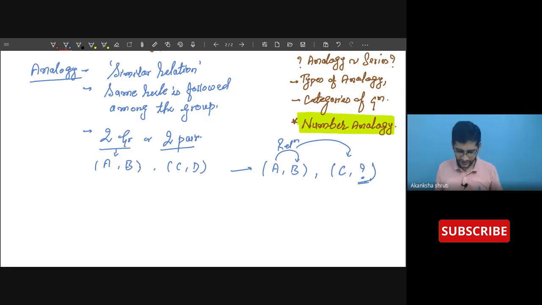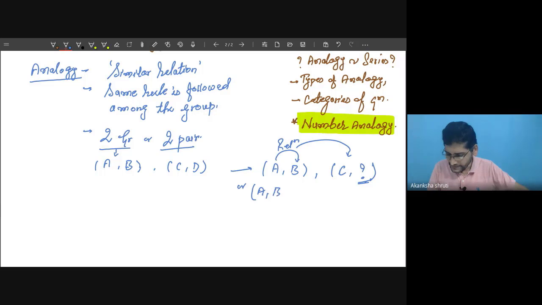It is a simple concept. It is one way where the question is directly asked in the pair form. It may be a pair of 2 or maybe a pair of 3 also. Say ABC is one pair and in the other say PQ is given, and what is the next? This is to be calculated. What is the relation?